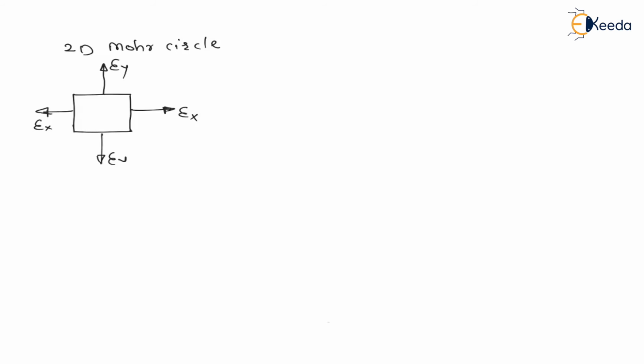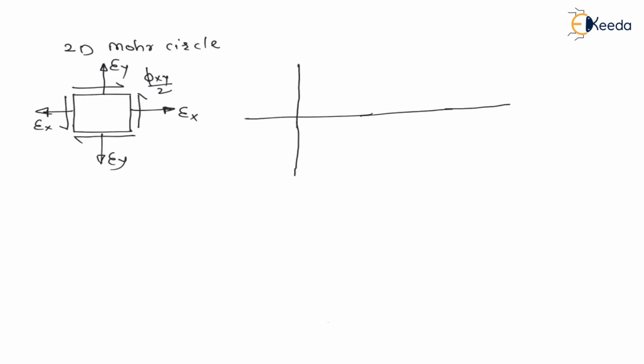And there is shear strain acting on the component, phi xy by 2, right? For such type of loading we have to draw Mohr circle. Now the concept is exactly similar to stress concept, right? The concept of Mohr circle for strain is exactly similar to the concept of stress Mohr circle, right?